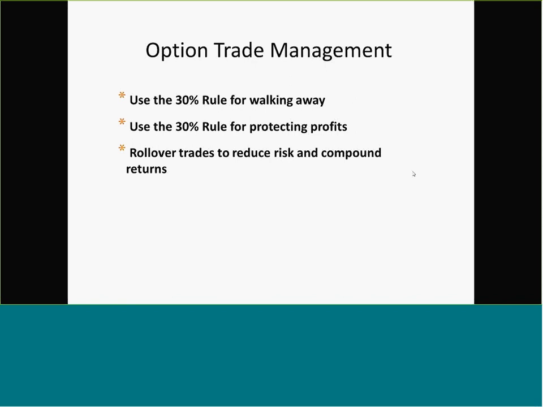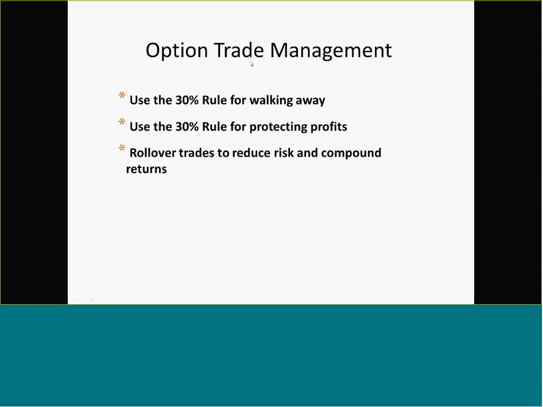Whenever we buy a call option, we use what I call the 30% rule for walking away from the trade. We also have a 30% rule for protecting profits. And then we also like to roll over trades to reduce the risk and compound returns. And I'll show you examples of these trade management rules that we use once we establish the position.